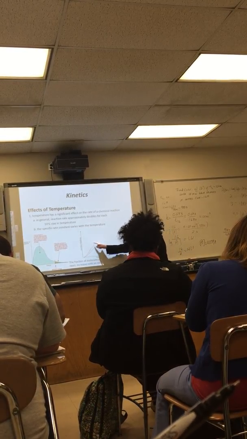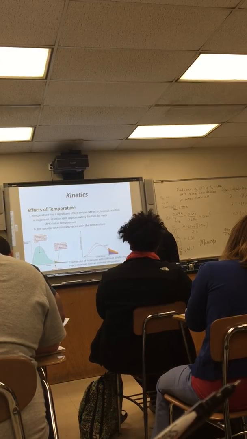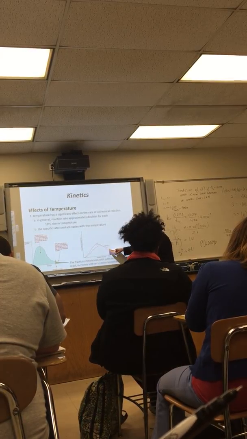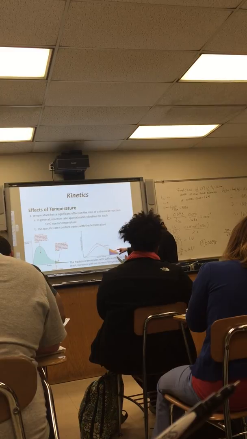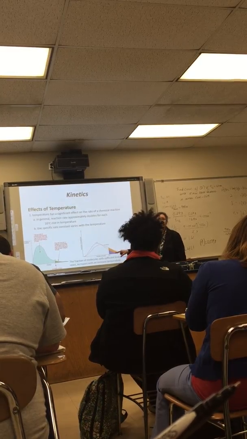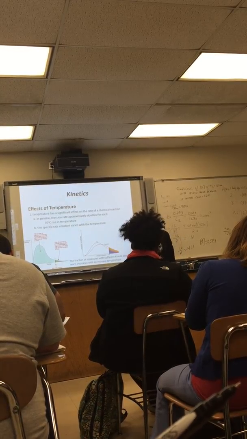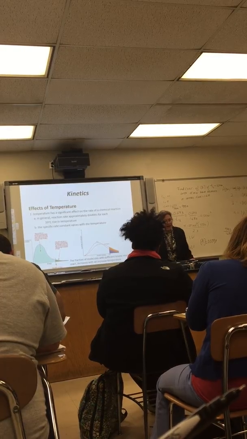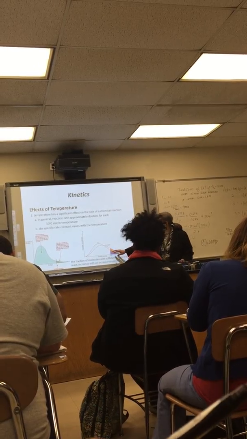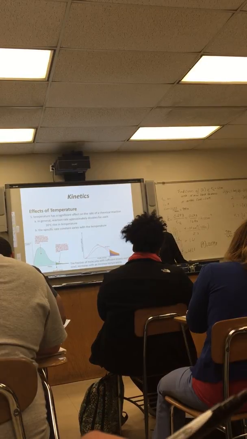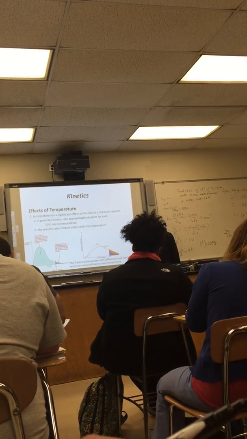You have the same general shape curve, but at the lower temperature you have a smaller fraction of the molecules actually going to react than you would at a higher temperature. So the problem is how do you relate this fraction, the number of molecules that are actually going to react, to the temperature?